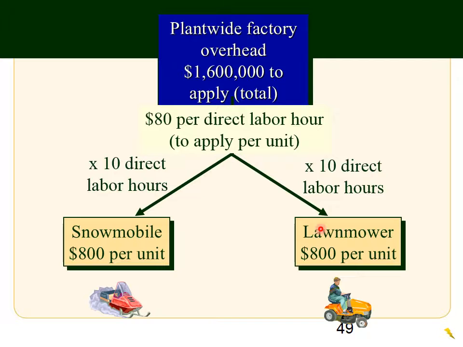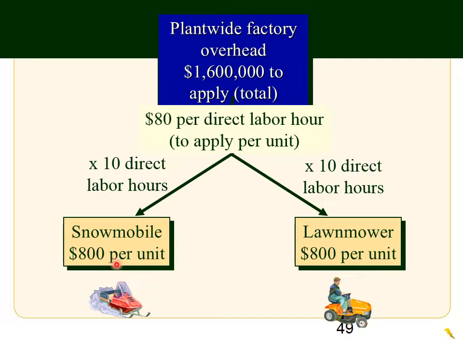So the snowmobile and the lawnmower each have the exact same amount of overhead applied to them. And that's what happens when you use one predetermined overhead rate, and that's why it's called a plant-wide factory overhead. It's applied, again, based on direct labor hours.